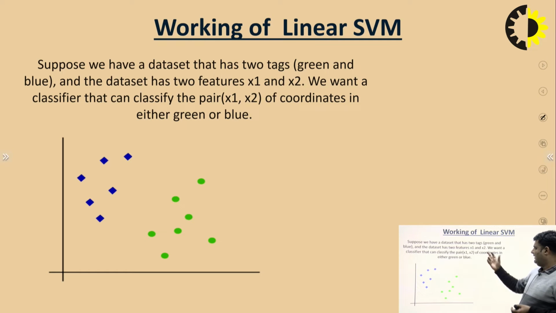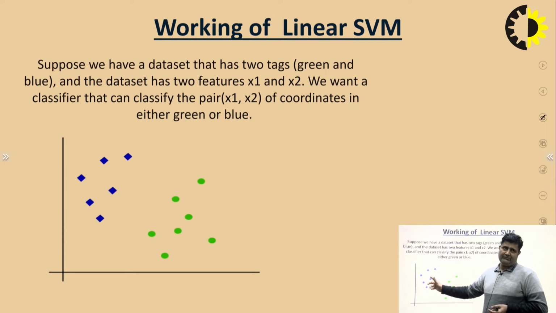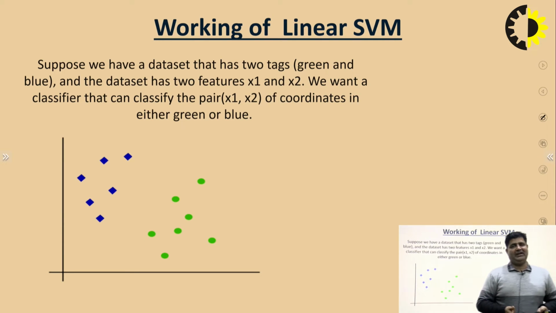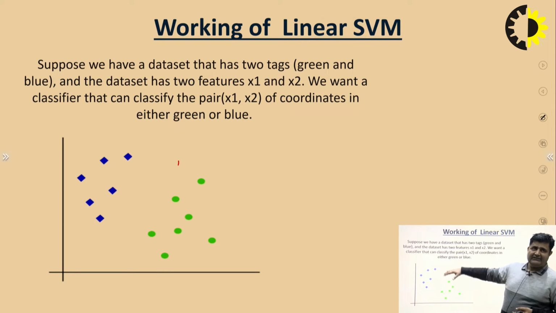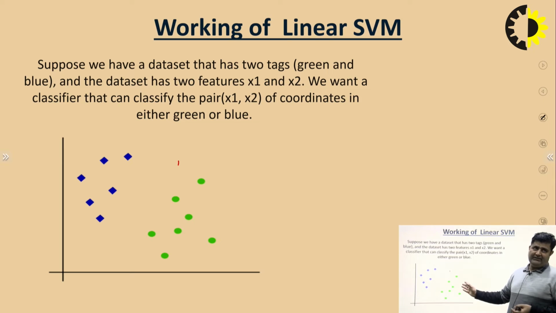We want to classify the class of a pair of coordinates, whether the new data point lies in this class or the other one. So this is linearly separable. As we see from these data points, both are linearly separable. With the help of a straight line, we can divide them into two classes, and the new data point will lie in one class or the other. So this is linearly separable data.